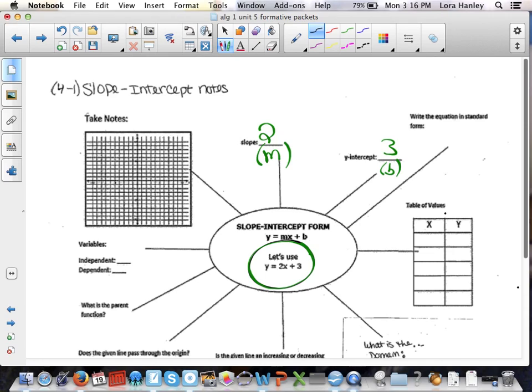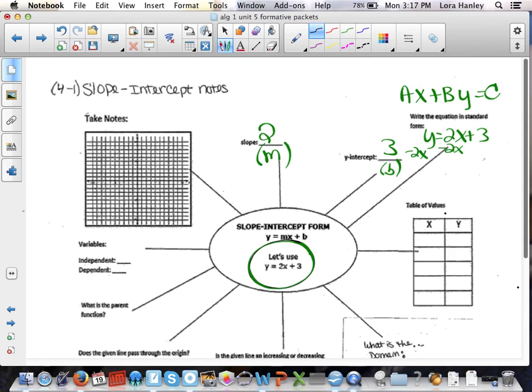We've worked a lot on writing these equations in different forms. So if you take y equals 2x plus 3, and we want to change it into standard form, which is ax plus by is equal to c, our first step is to move the ax to the left-hand side. So if it's a positive 2x, we're subtracting.